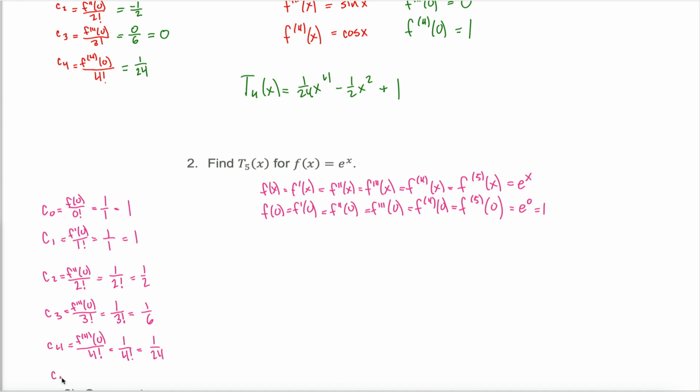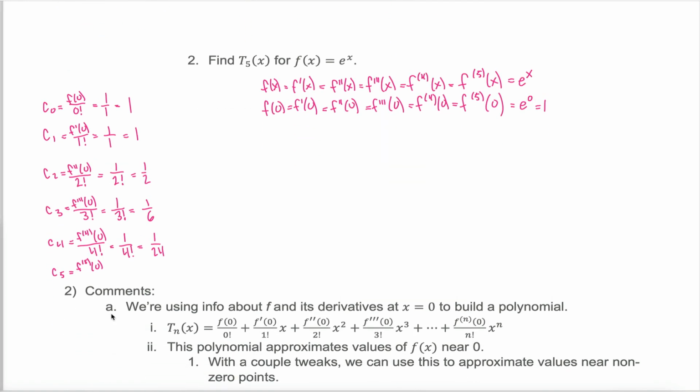And then finally, C5, the last coefficient in my 5th degree Taylor polynomial, is the fifth derivative of this function, evaluated at 0, divided by, kind of low on room here, 5 factorial. The fifth derivative of this function evaluated at 0 is just equal to 1, so it's 1 over 5 factorial. 5 factorial is 5 times 4 times 3 times 2 times 1, which is just 5 times 4 factorial. So it's 5 times 24, so it's 120.